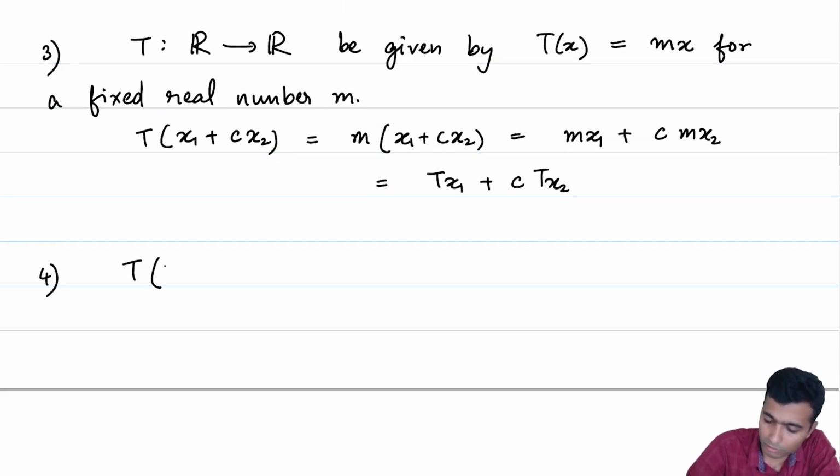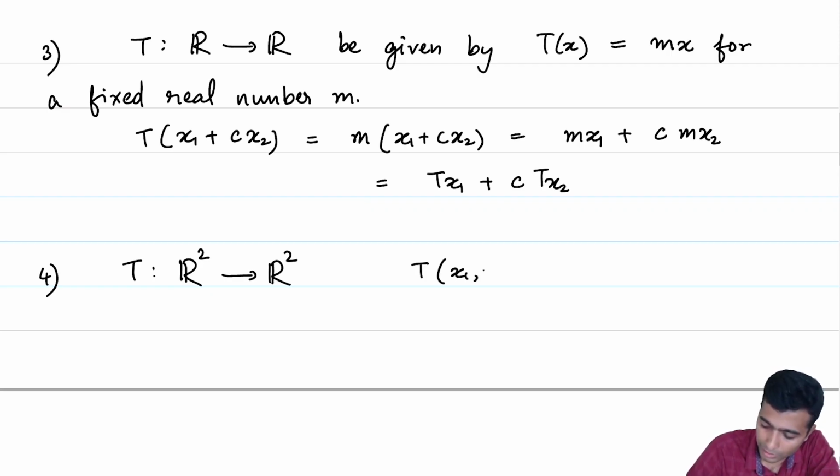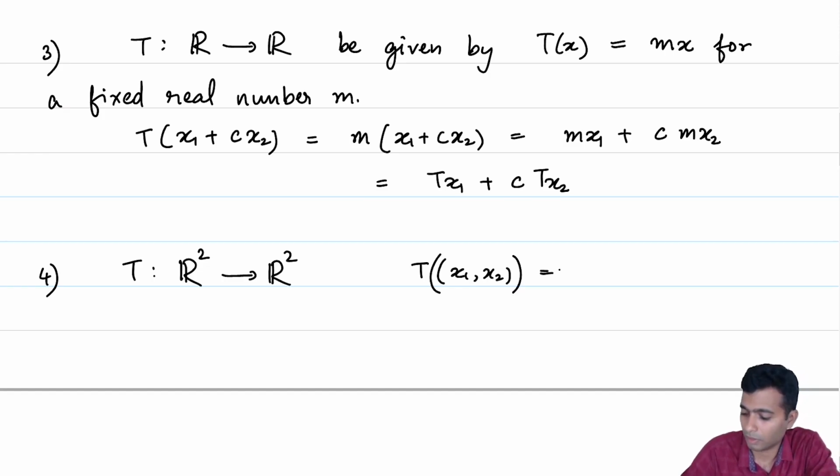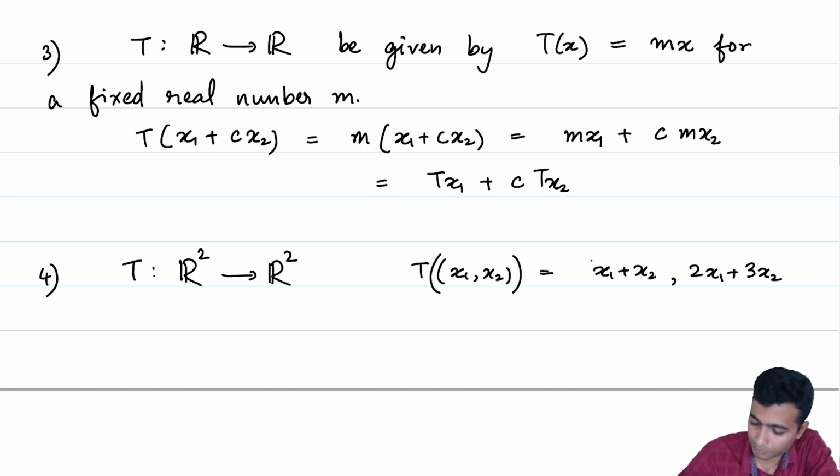Yeah, let us look at T, a map from R2 to itself, where T of some vector, let's say x1 comma x2, is equal to x1 plus x2 comma 2x1 plus 3x2.